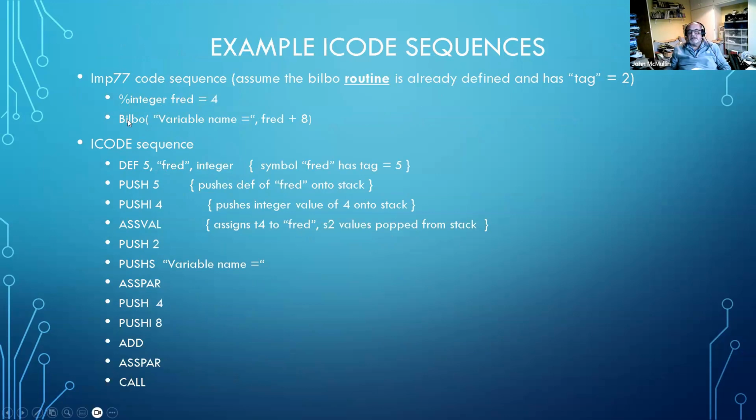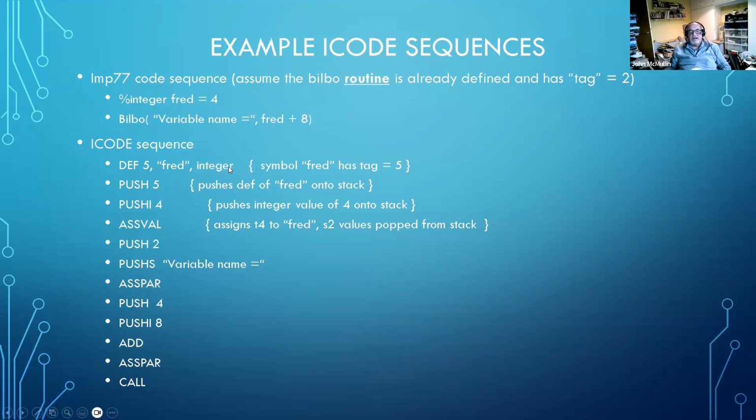And we've already got a routine called Bilbo, which takes two parameters, obviously a string, and then an integer value. So the I code sequence would be define, for example, we'll call Fred as being tagged as num I because there's about 4 other definitions before us.